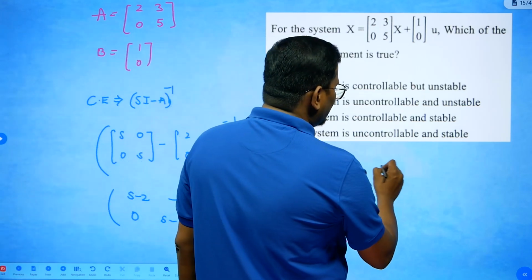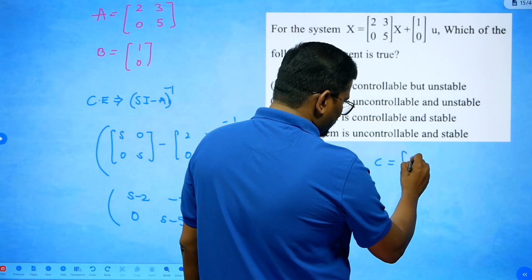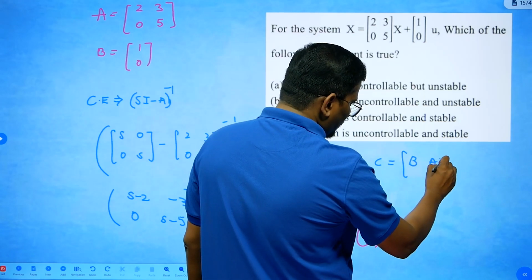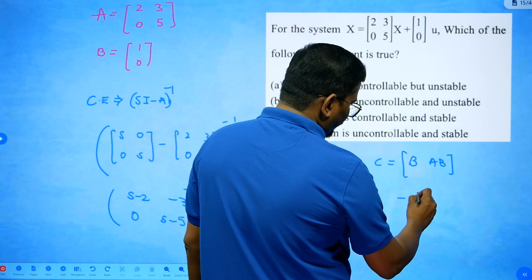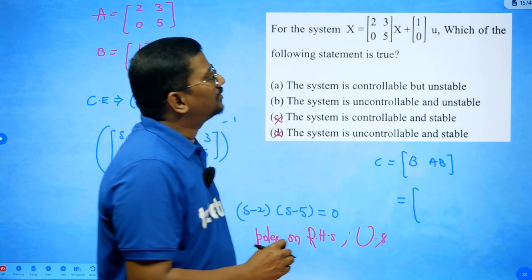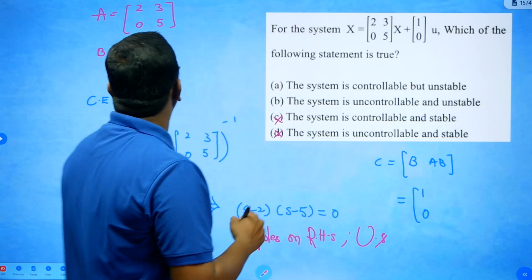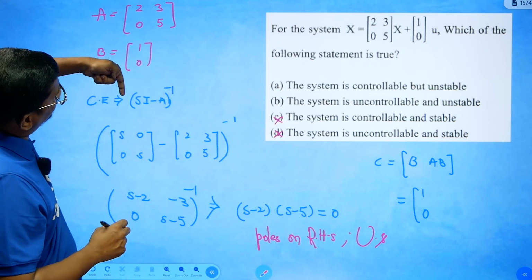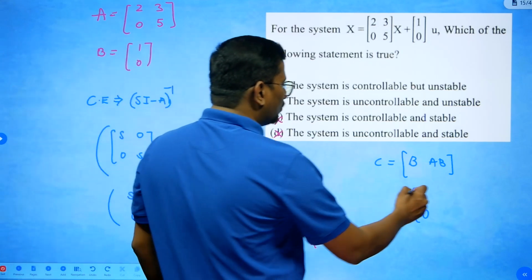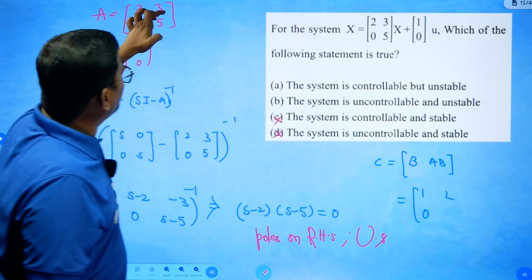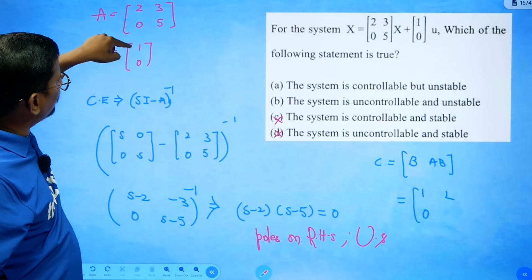How to check the controllability? C is equal to [B AB]. What is the B matrix? 1, 0. What is the AB matrix? Multiply [2 3; 0 5] with [1; 0], which gives 2 and 0.